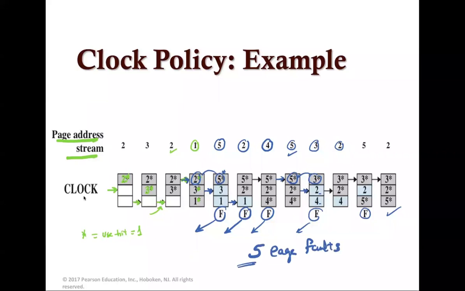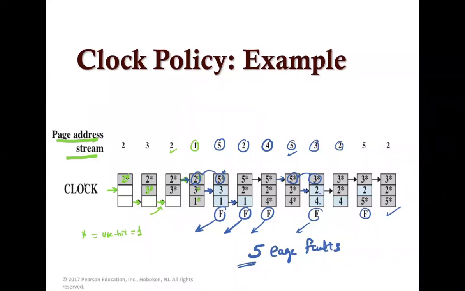So if we compare all the strategies now, we can see that the optimal strategy has only 3 page faults. So at this point, we might say that the optimal strategy is the best option to guarantee that we have a minimum number of page faults as compared to the other strategies, including first in, first out, the clock policy strategy, and even the least recently used strategy.